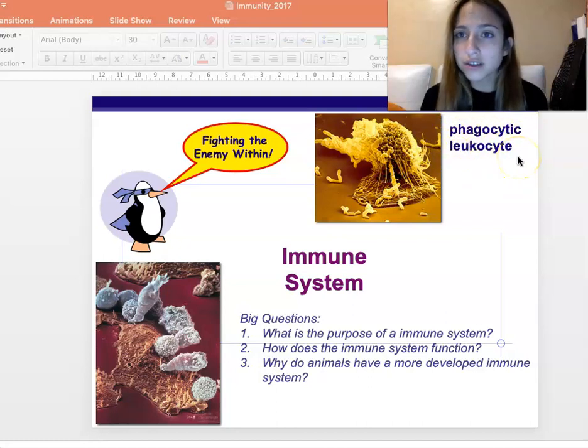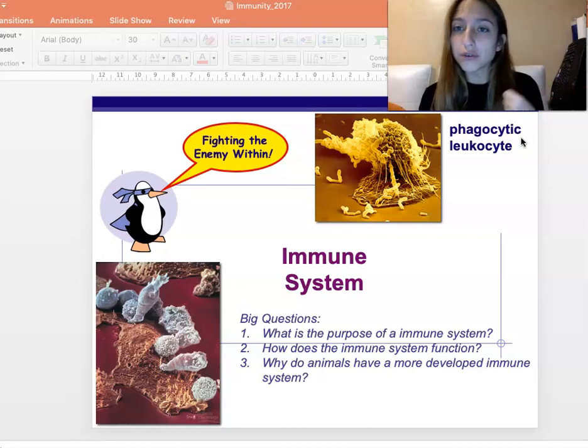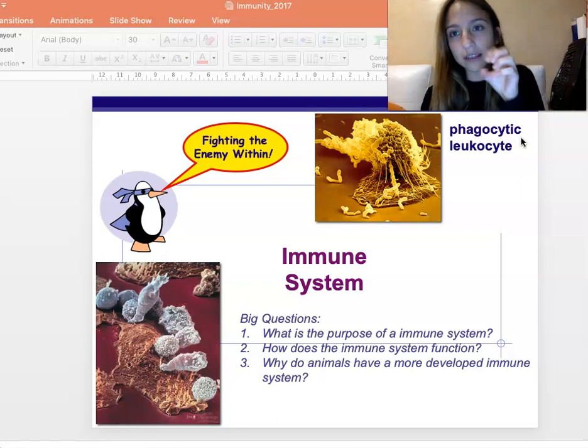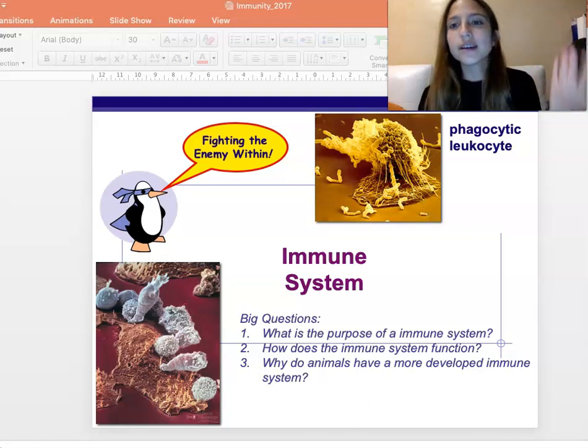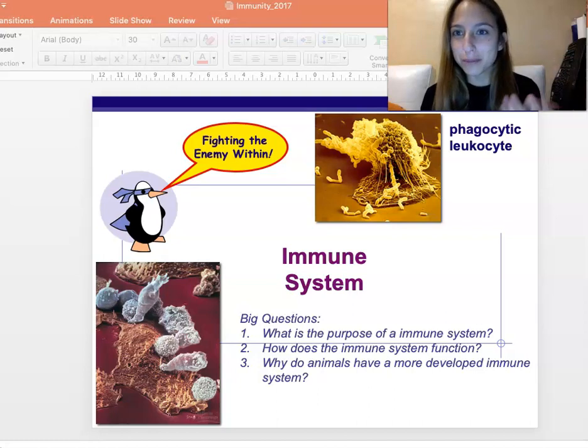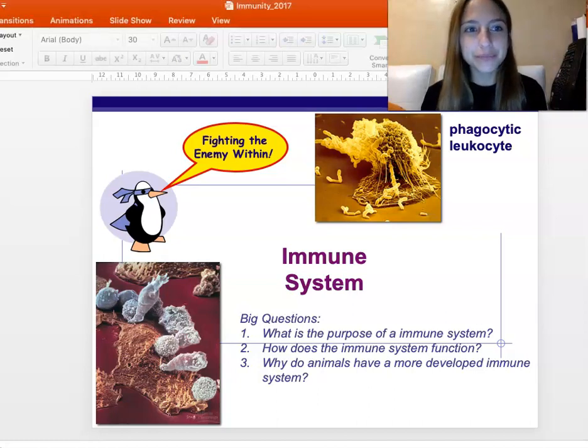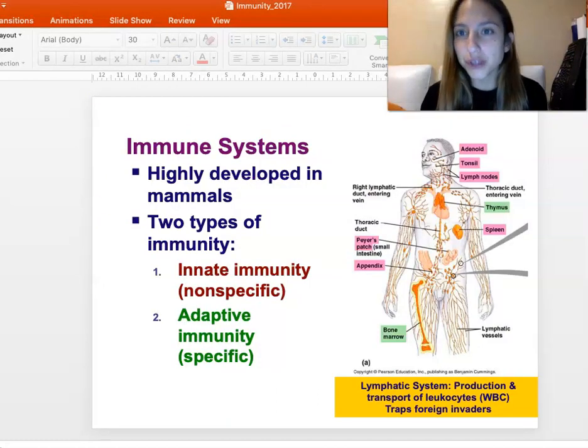Leukocyte is just a fancy term for white blood cell. Phagocytic is any cell that is able to kill other foreign organisms or foreign bodies simply by eating them or engulfing them into their cells. Okay, so phagocyte, phago is eating, so it's a cell that is able to eat other cells in order to help you combat disease.